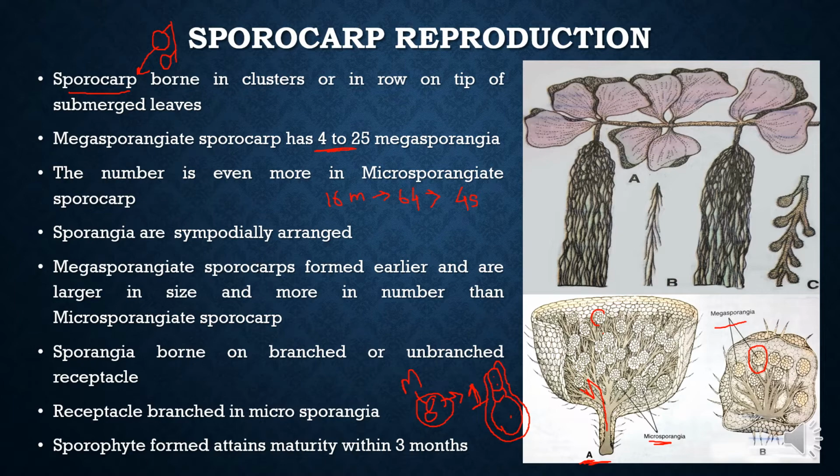Once the entire sporocarp sinks to the bottom of the pool, the wall of the sporocarp gradually decomposes, and once the spores are liberated, they float to the surface of the water again.